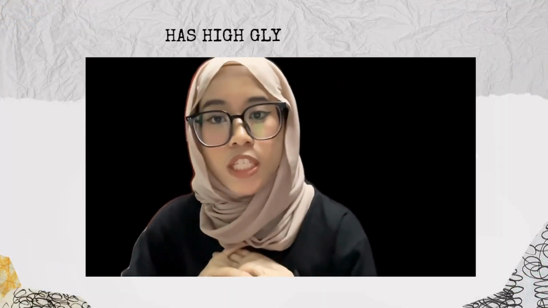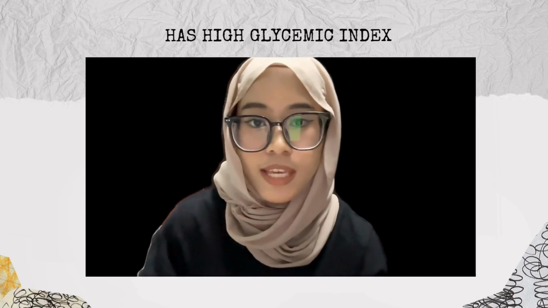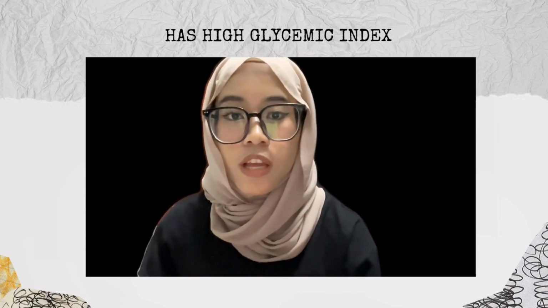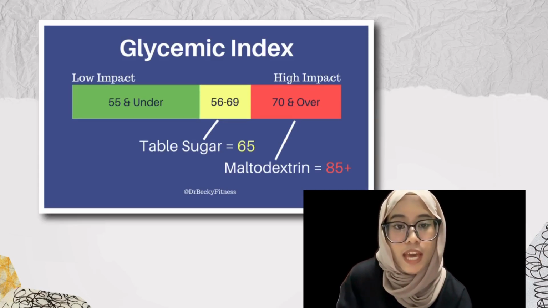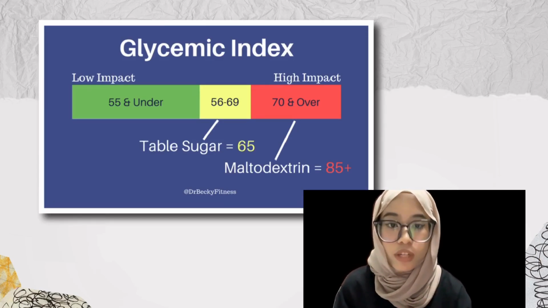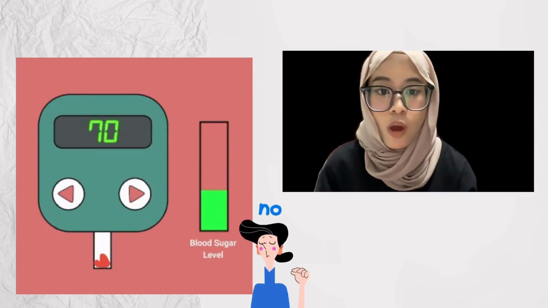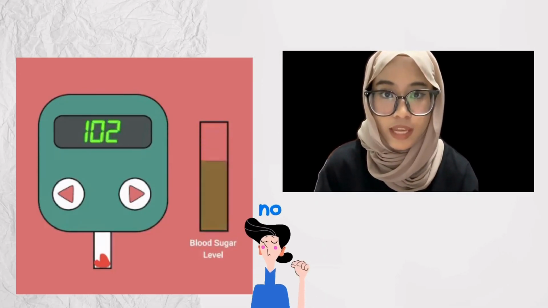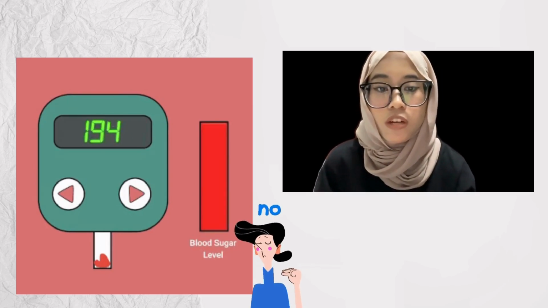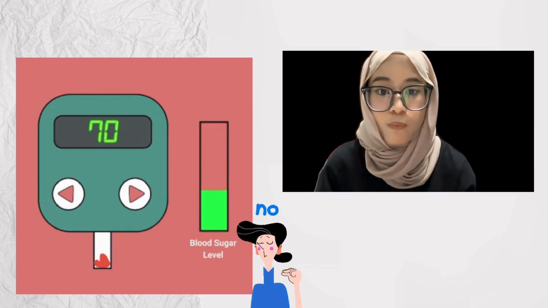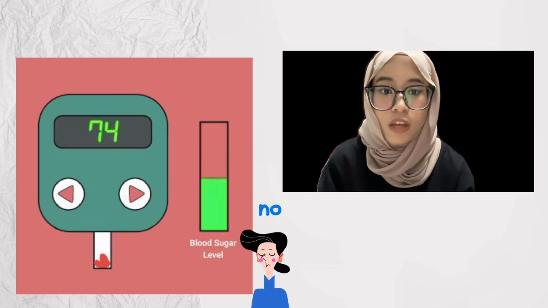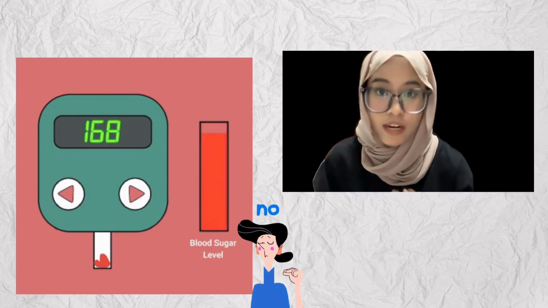The health implications of maltodextrin: maltodextrin has a high glycemic index (GI), meaning it gets broken down very quickly by the body. This rapid breakdown causes blood sugar levels to spike. When your blood sugar rises quickly, it can lead to energy crashes. After the spike, blood sugar drops, causing feelings of fatigue and hunger.